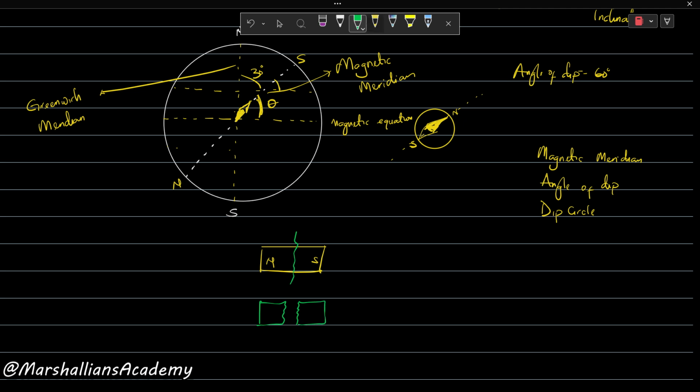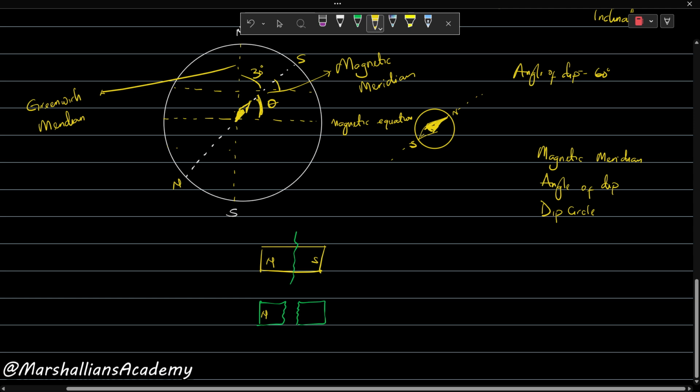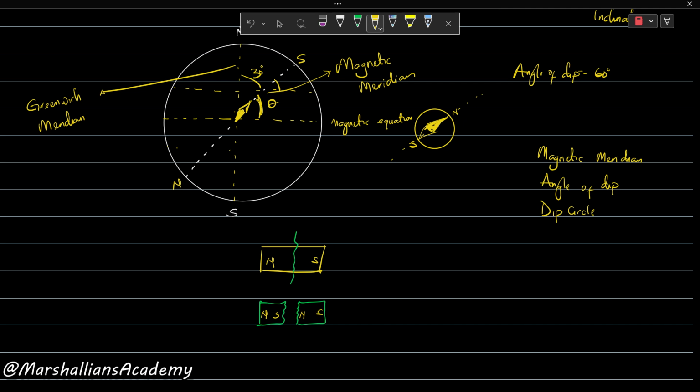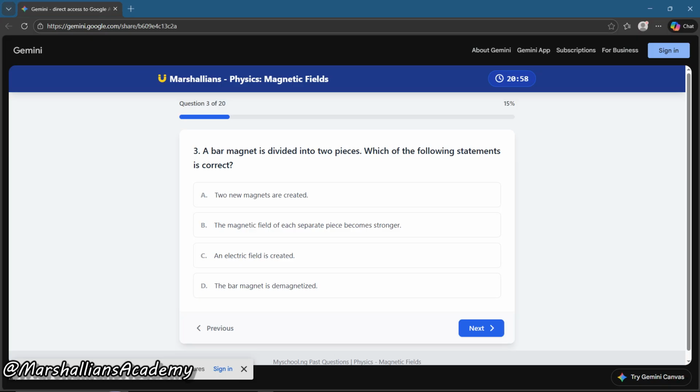What will be the poles on these magnets? There's a north and a south here, and a north and a south here. So when you break a magnet into two pieces, two new magnets are created. That's the correct answer.